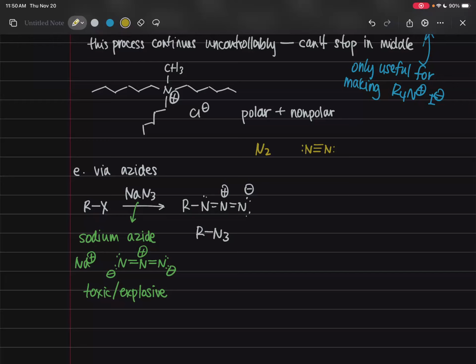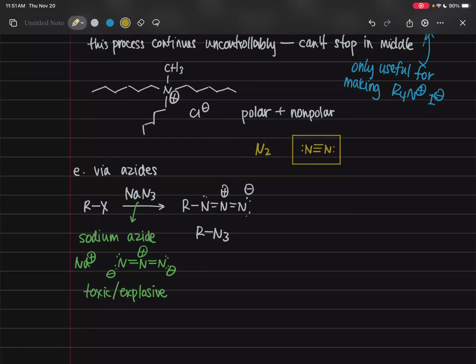This molecule is so stable that the azide will do anything to make nitrogen gas. So when a solid suddenly and quickly makes a large quantity of gas, that's called an explosion.